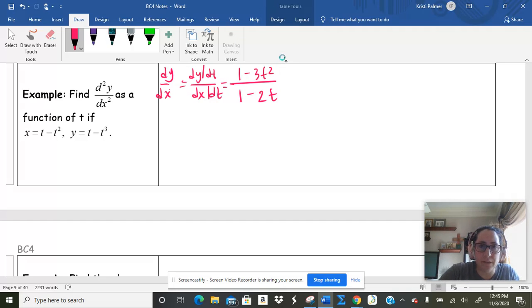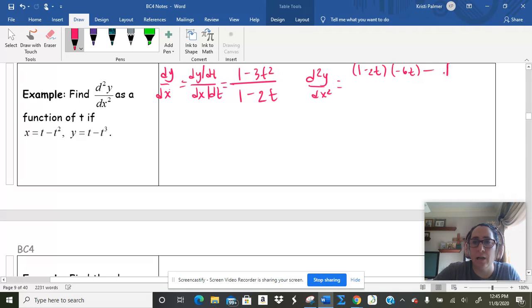Now, to find the second derivative, I take the derivative of this and then divide by my dx dt again. So to find this derivative, now I have to do a quotient rule. Low d high minus high d low, all over low low.